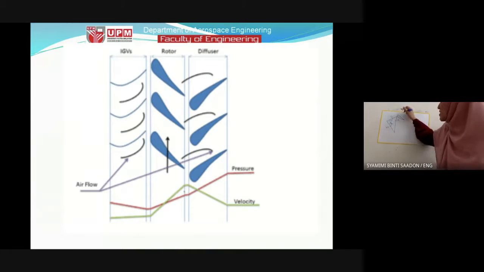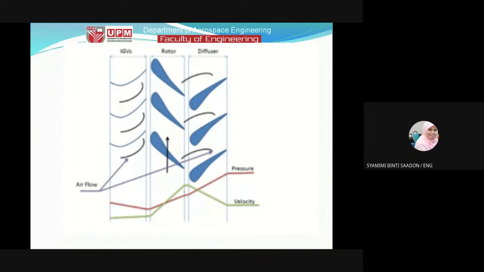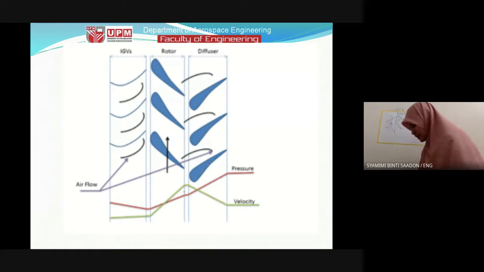So this is the first rotor, rotor 1. Okay, sorry.